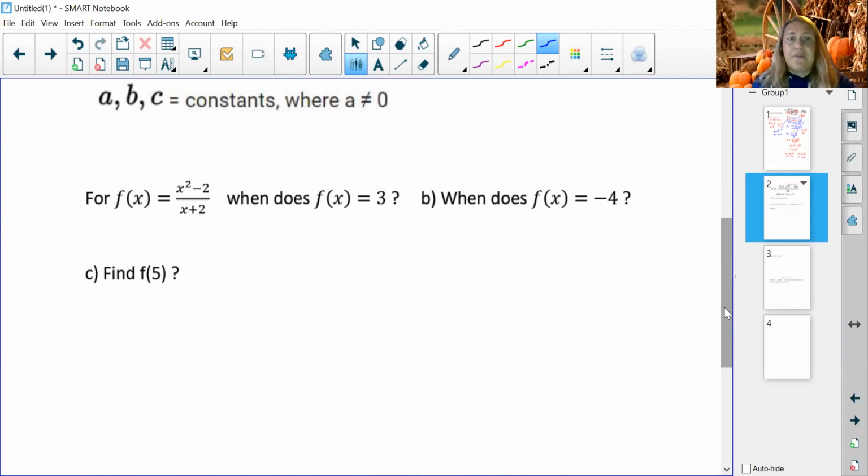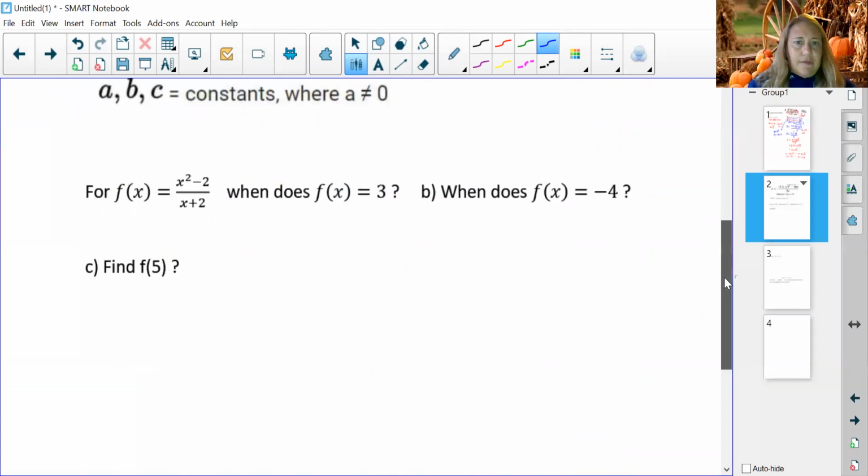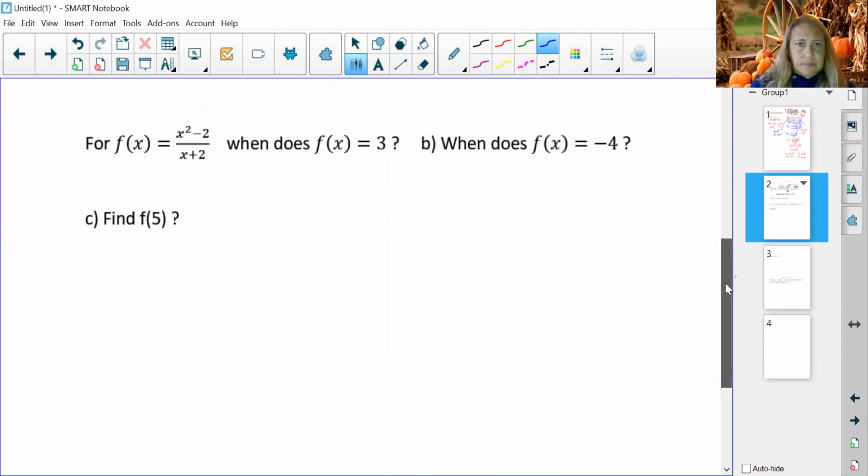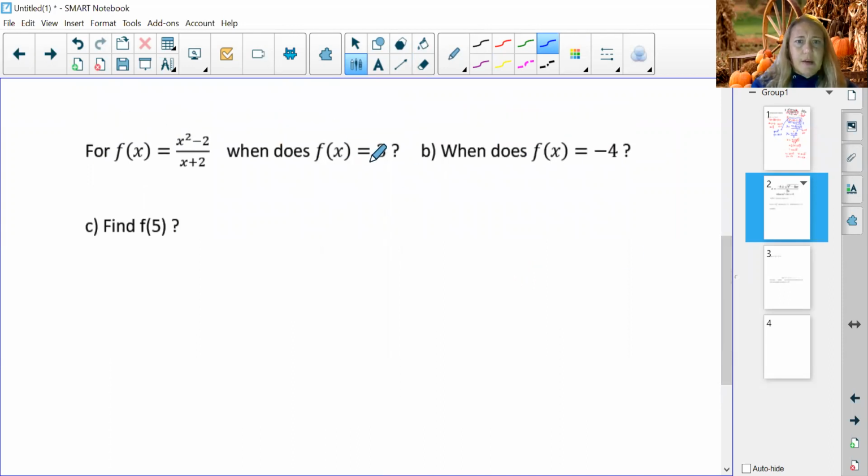Find f of 5. All right, and I'm going to let technology help me here. Let's see. So let's start off with f of x equaling -3. Okay, so that means, or +3, I'm sorry. So that means I have to plug in a 3 for f of x.